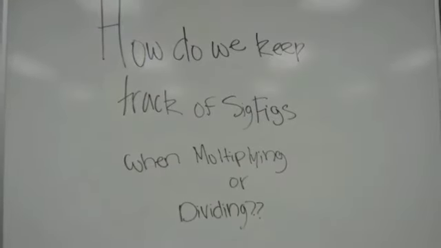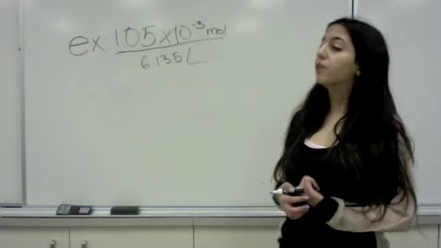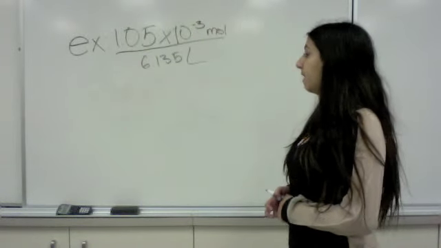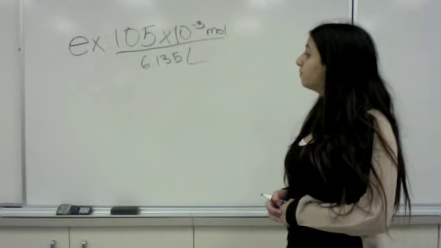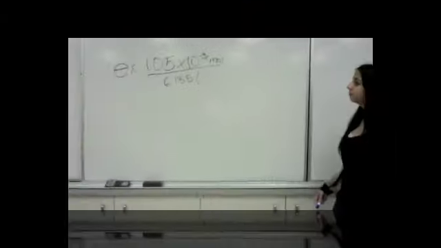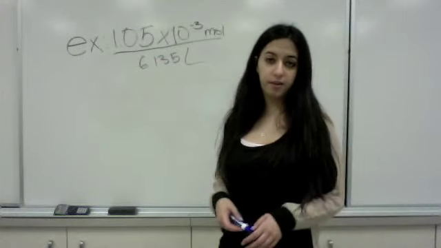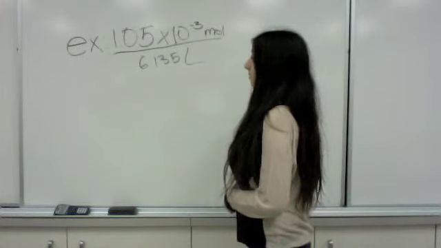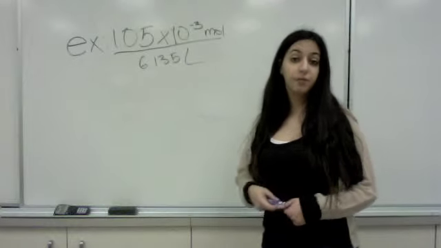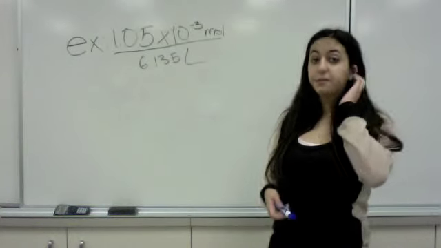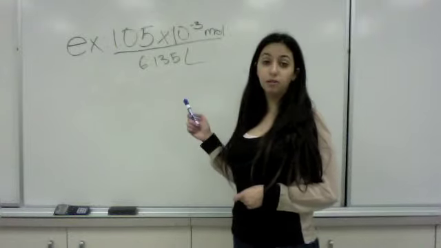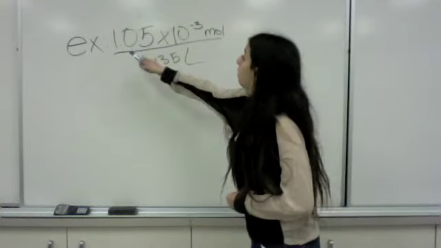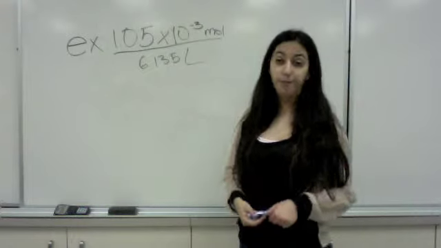So let's use our example. 1.05 times 10 to the negative third power mole divided by 6.135 liters. Well, what we're trying to figure out is how to keep track of our sig figs when we're multiplying and dividing. The way that you do this is your answer must always have the amount of least sig figs that you find in your original problem.